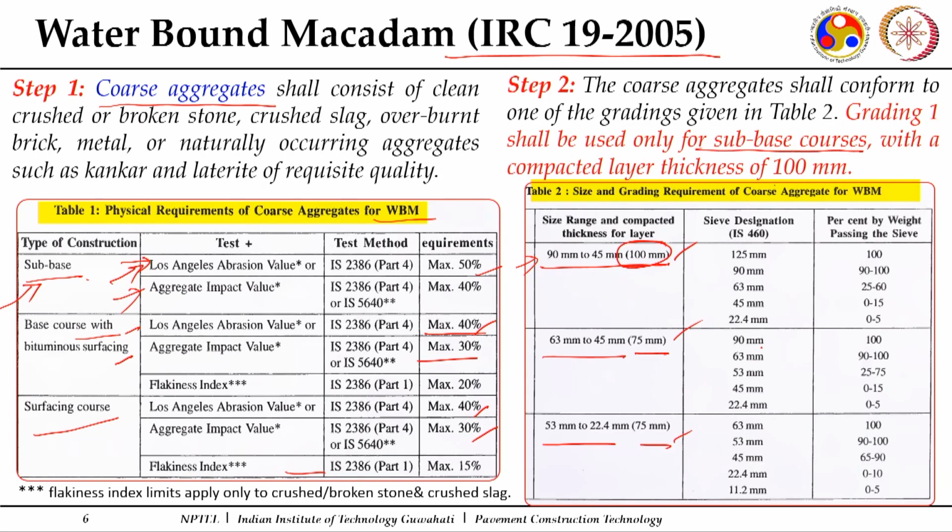And for this also, a complete gradation range is given. As I mentioned, this is the range of aggregate particles that should be there if 100 mm thickness is to be constructed. So, you need to blend the different aggregates available with you to meet this requirement.